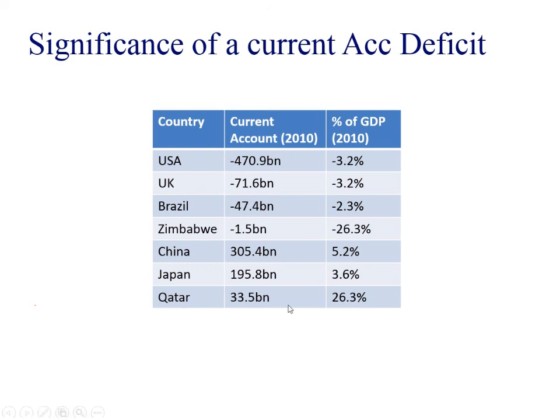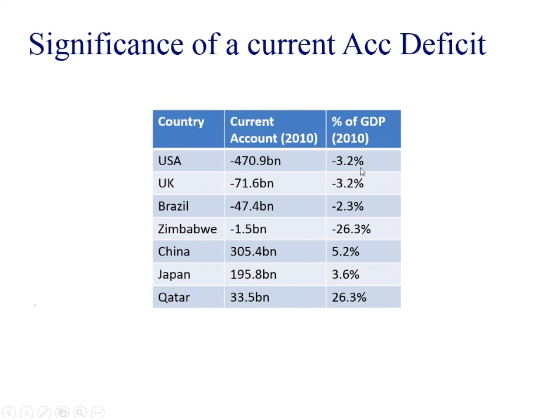But the thing is, China is a much bigger country than Qatar, whereas the USA is a much bigger country than the UK. So yeah, we'd kind of expect their deficit to be a bit bigger when we're measuring them. And look at Zimbabwe's deficit, actually quite small, but they're a really small economy.